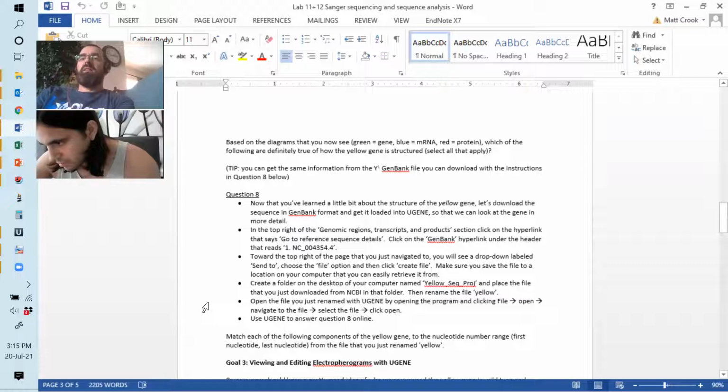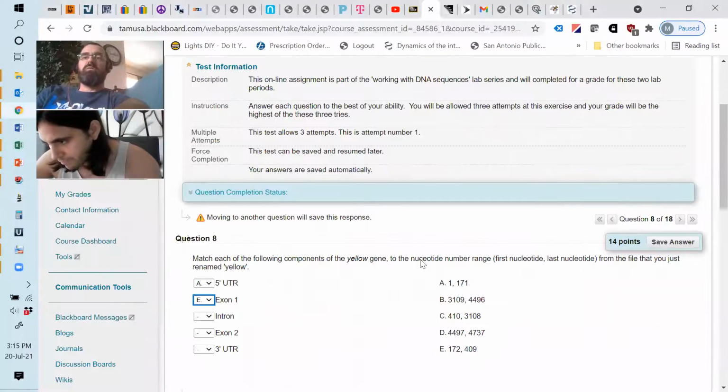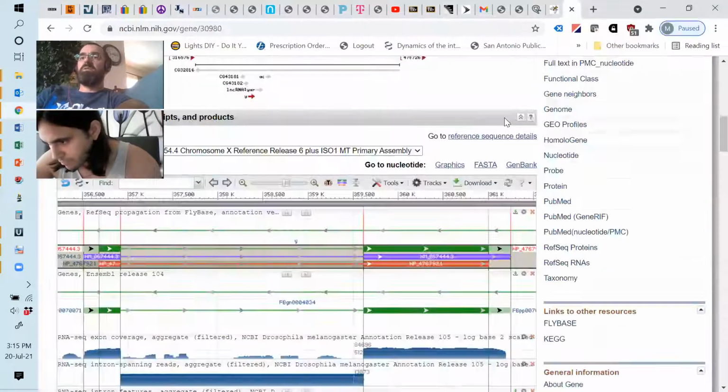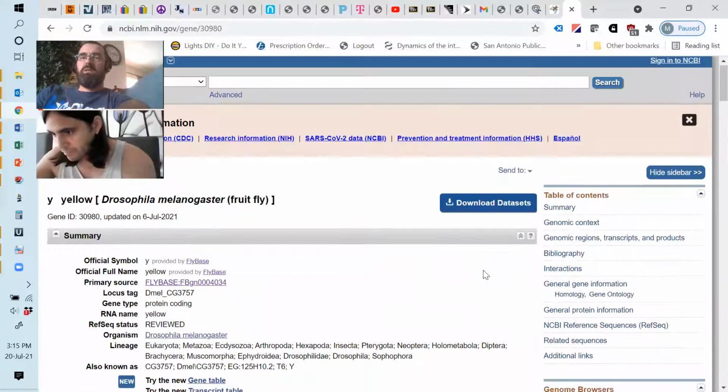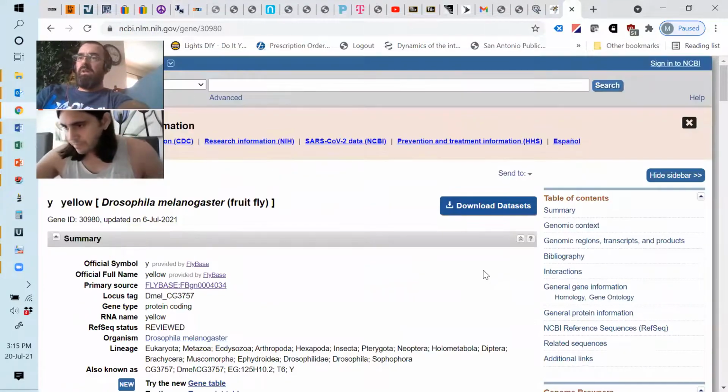So let's go back to that page, and again follow these instructions. We're going to go to genomic regions and transcripts, where'd that be at? Up here.